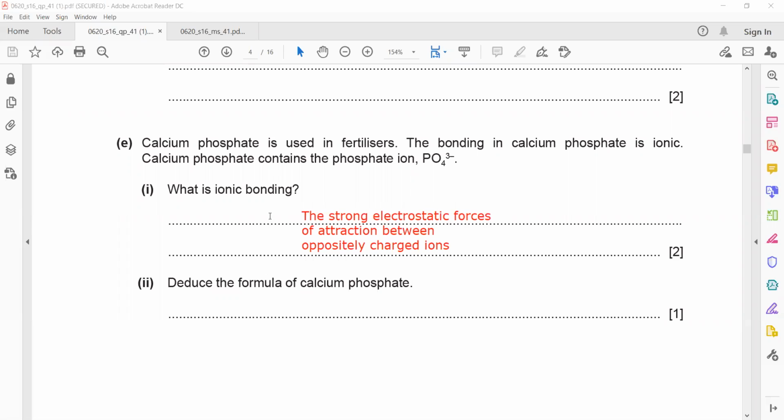Then the last part, you have to deduce the formula for calcium phosphate. How do you deduce the formula for calcium phosphate? Some of them already mentioned the answer.